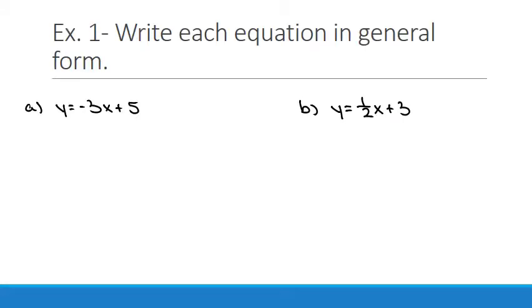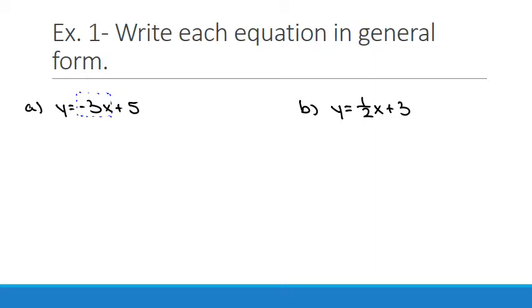All right, so let's work at putting things in general form. You can see here in A, this is in slope-intercept form. To put it into general form, we have to move everything to the left side, or truly everything to the same side. The way I work this is I always look at my ax term. Now we want that 3 to be positive, right?